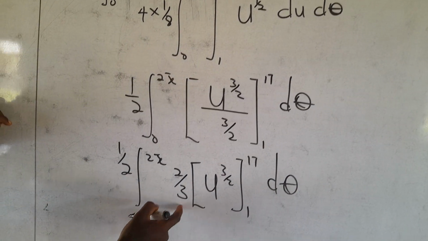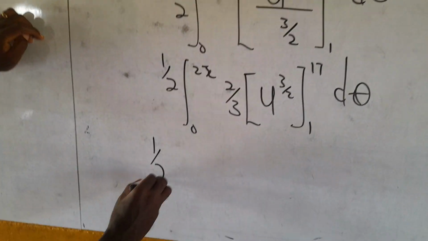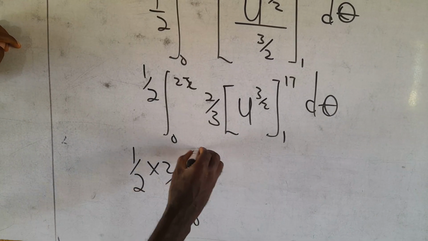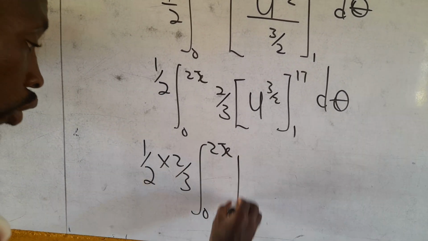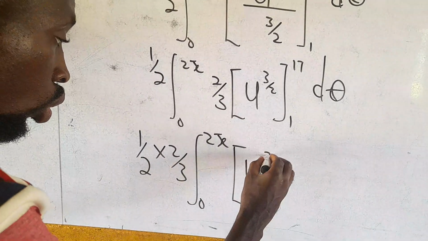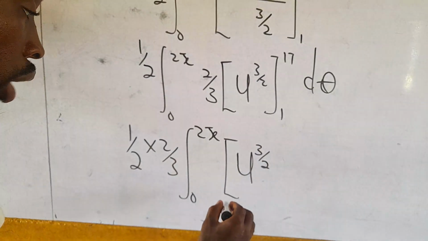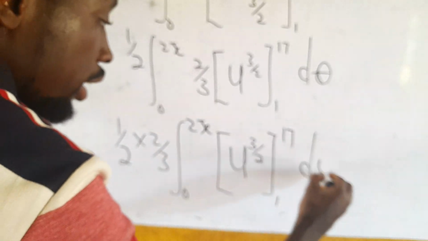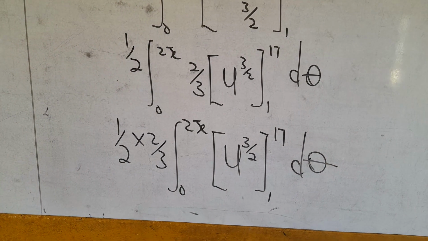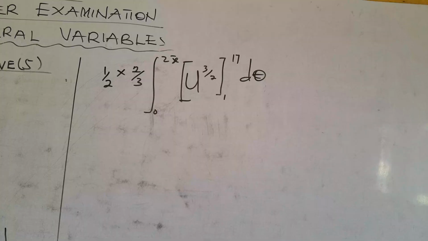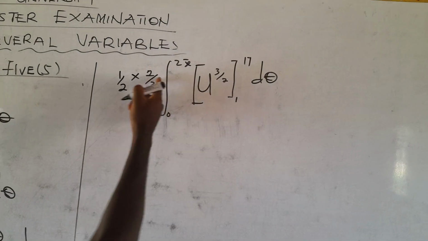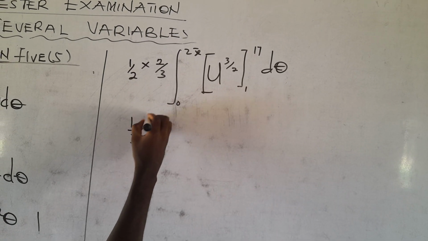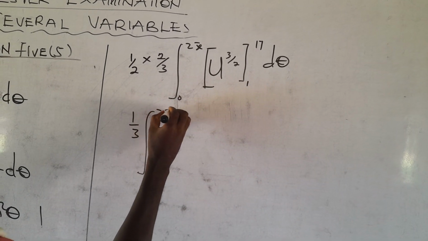What happens? This is constant, we can bring it out. So we have half times 2 over 3, integral from 0 to 2 pi of u exponent 3 over 2, substituting from 1 to 17, d theta. So now if half is multiplied by 2 over 3, this will give us 1 over 3, integral from 0 to 2 pi.